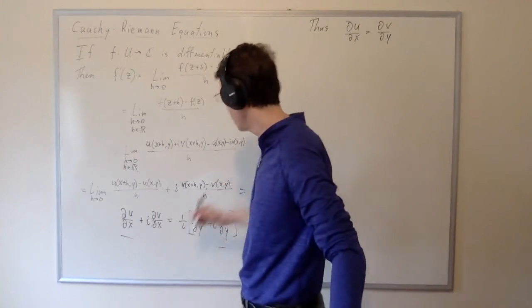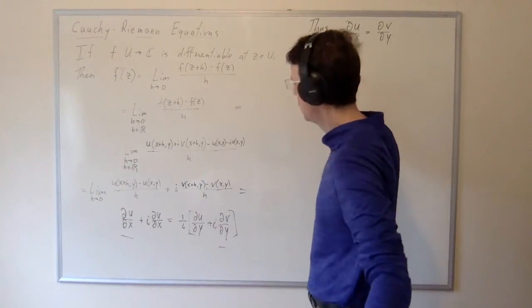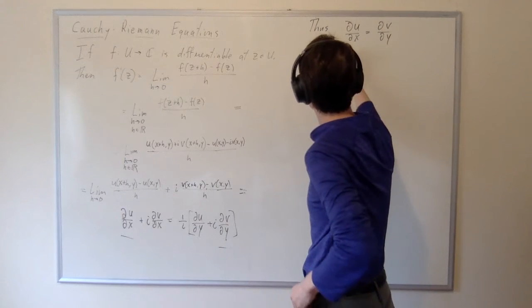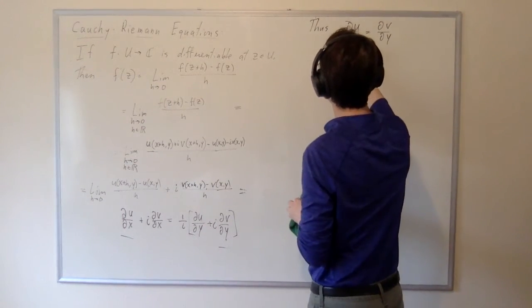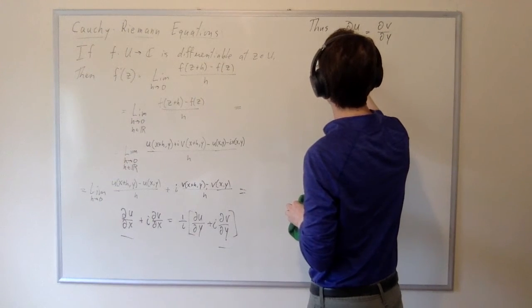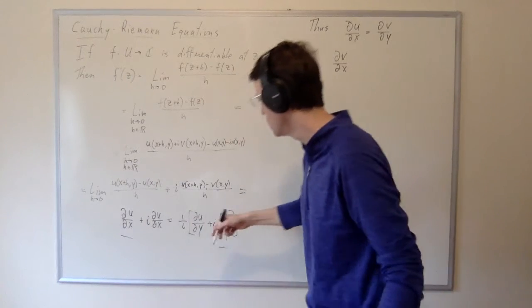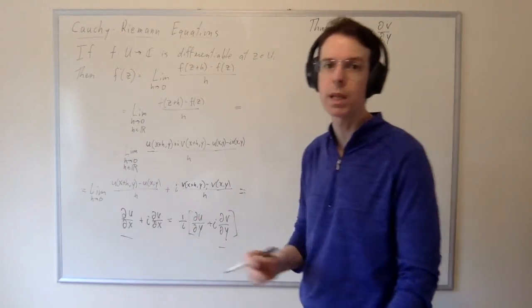Let's equate the imaginary parts. So we get also the imaginary part of this is dv dx, which is supposed to be a partial. So dv dx, partial derivative here. What's the imaginary part of this? Well, this is 1 over i, but 1 over i is the same as minus i.